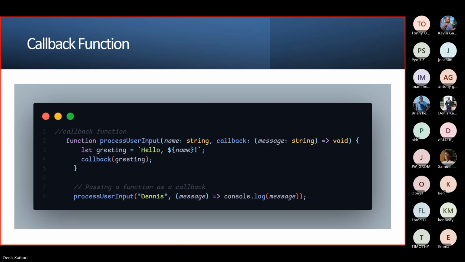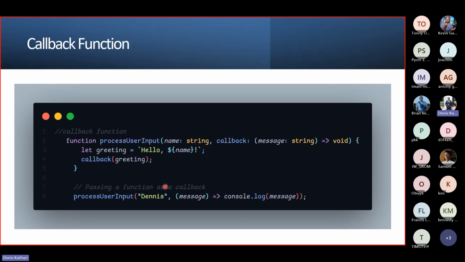A simple example is this function processUserInput. This function accepts a string and a callback function. When I call processUserInput, it processes the data: let greeting be hello, with the name that I've passed into the function.